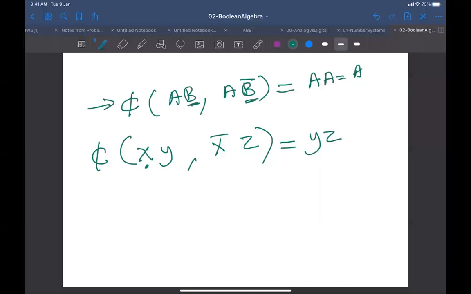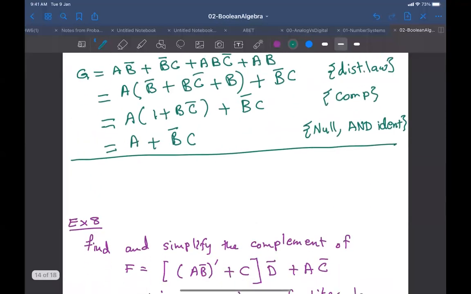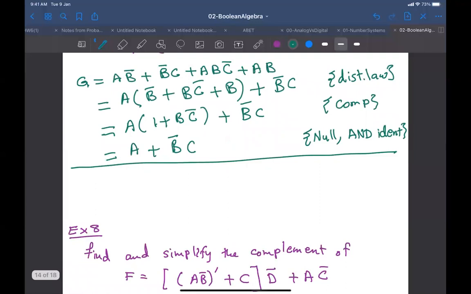So by consensus, I can say my G is equal to A B complement, or with AB. I just brought this term to the beginning so that it becomes easier for me.